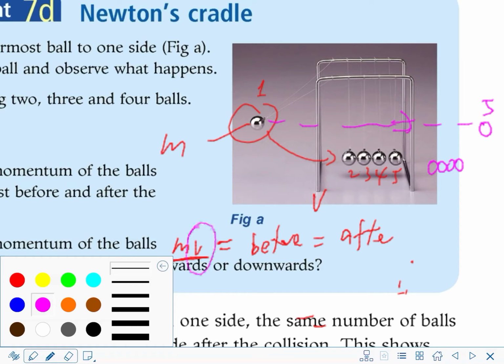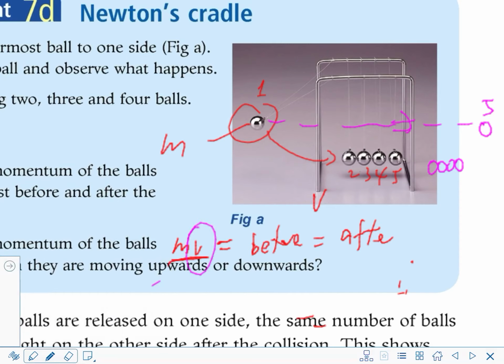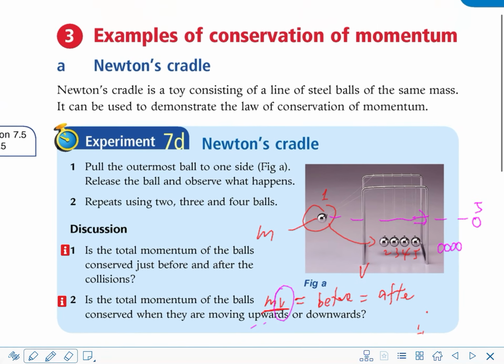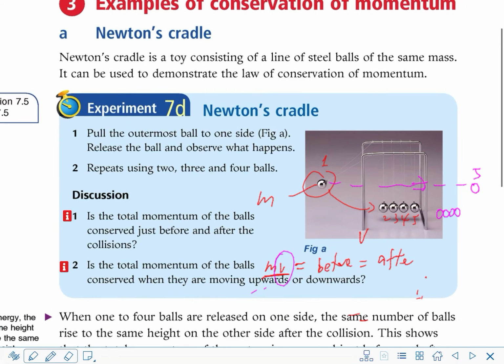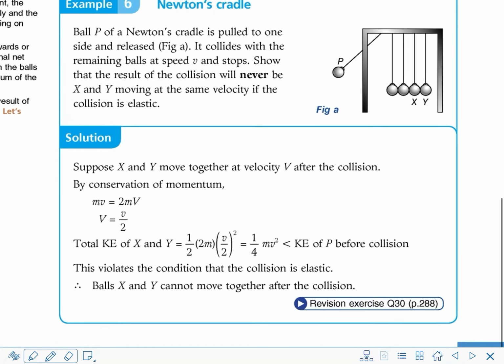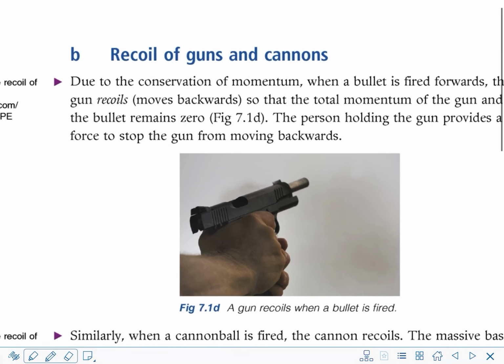If there is low air resistance and little sound energy lost, the process will repeat. Ball 5 drops down and hits the system, and ball 1 will go back to the original position. So this is a toy for seeing the conservation of momentum, Newton's cradle.